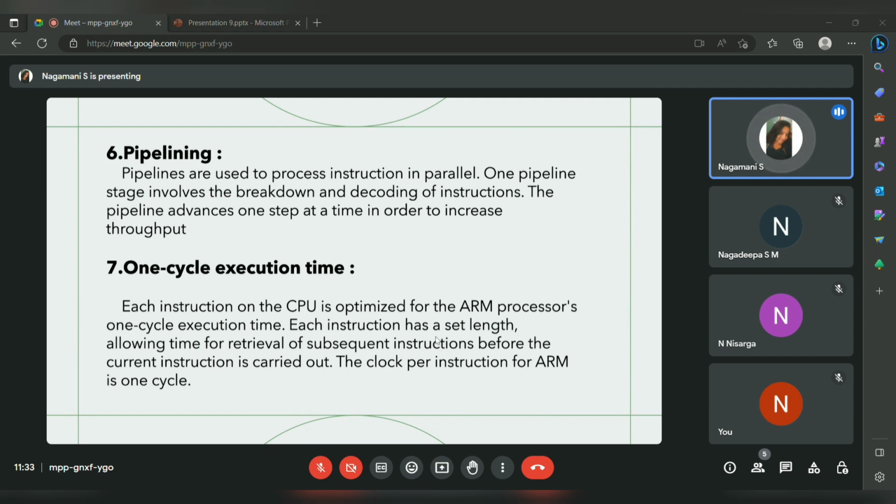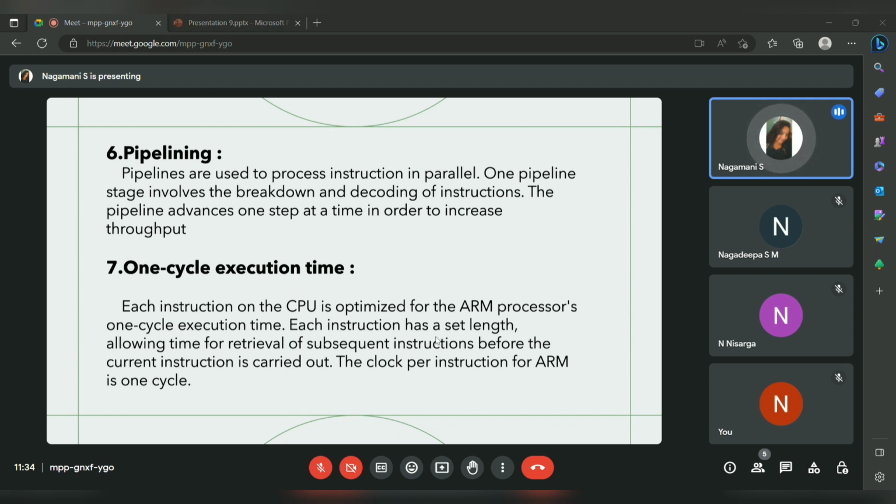We have to know why it is so important and where it is used. The applications of ARM processors are in smartphones, tablets, and multimedia players. Due to RISC, they have a smaller instruction set.